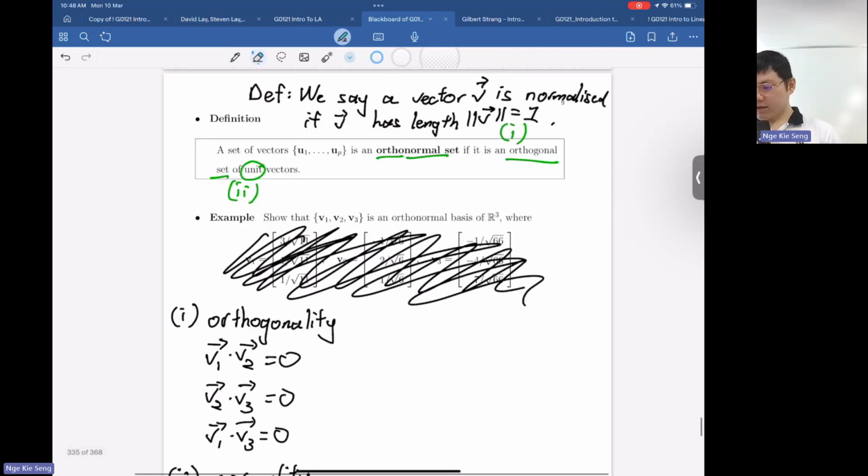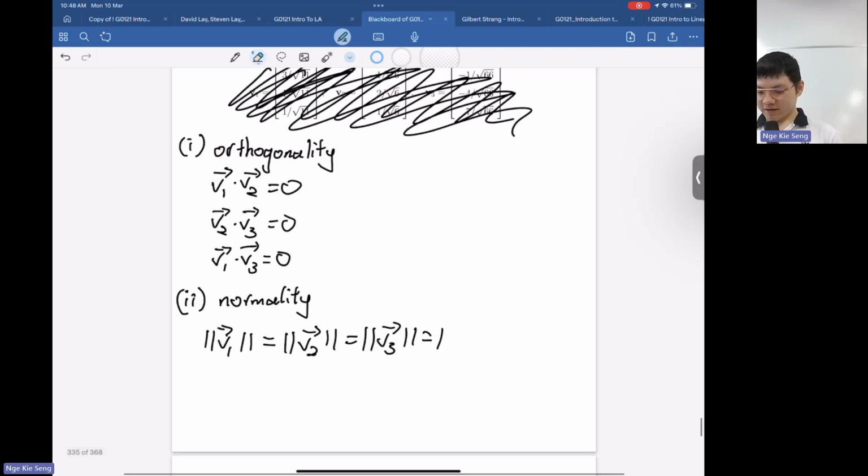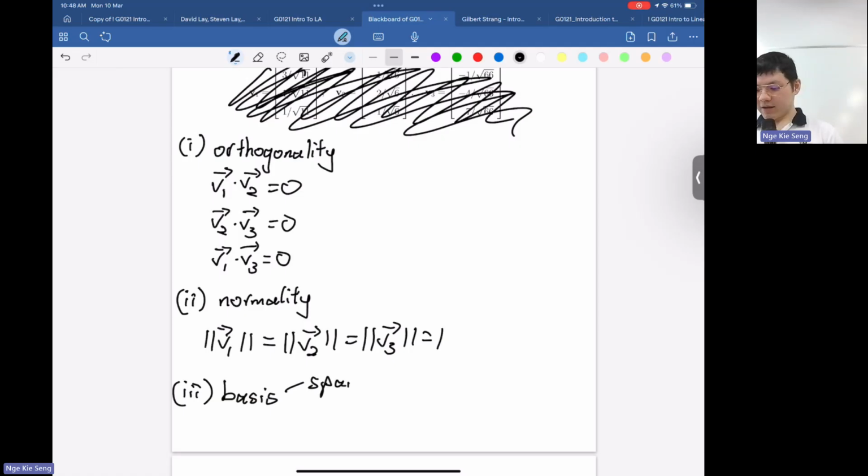We still need to check whether it forms a basis or not. What else do you need to check for a basis? Sorry? Span and linear independence. Okay, so the third thing we need to check is basis: span and linearly independent.